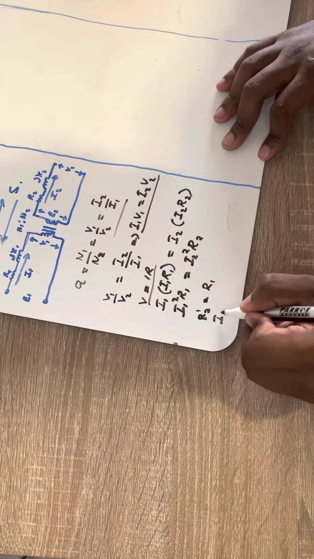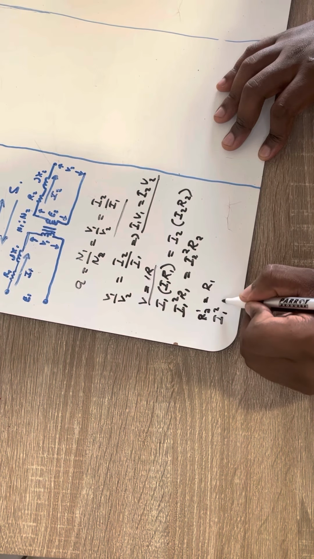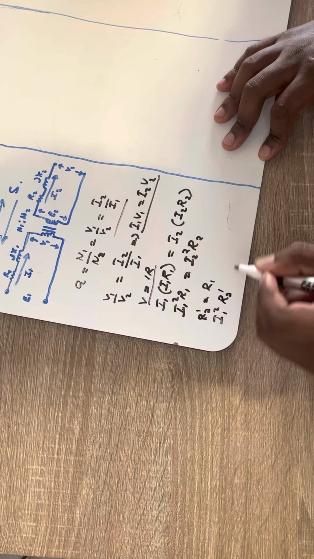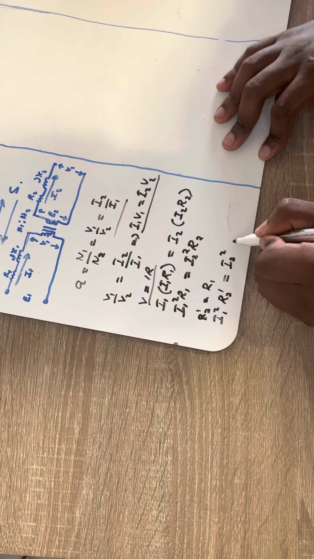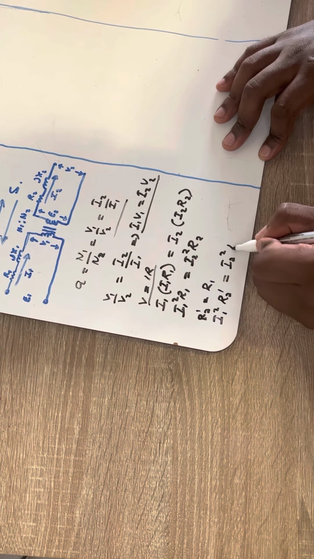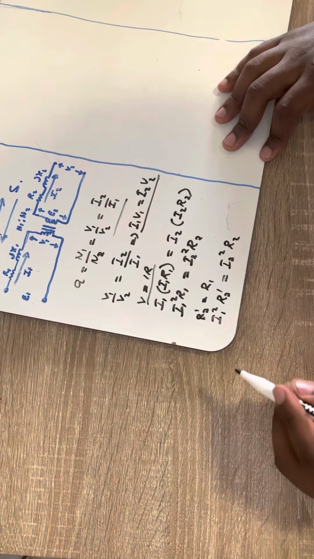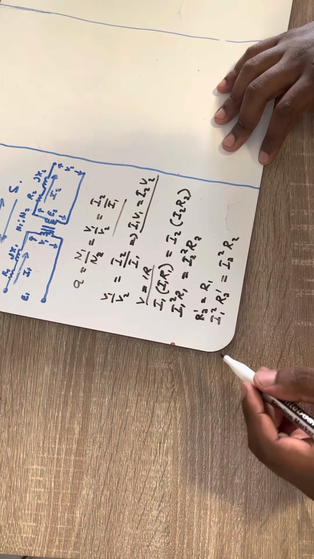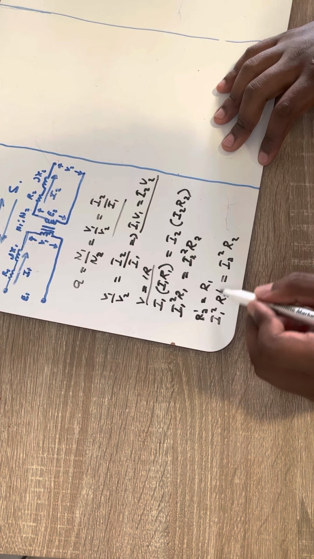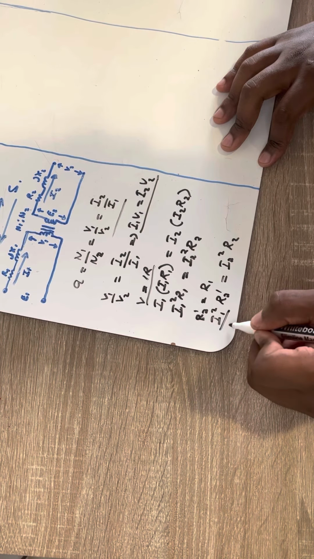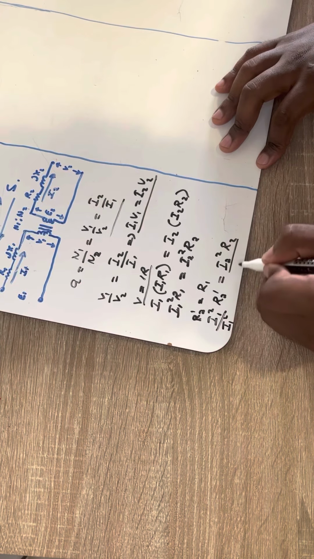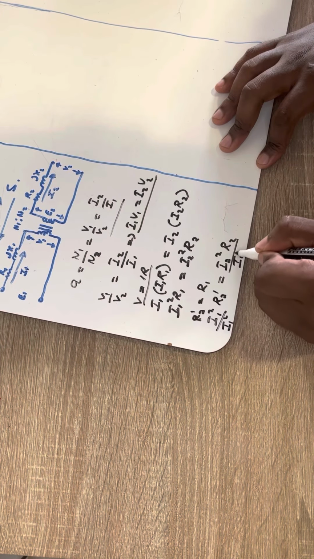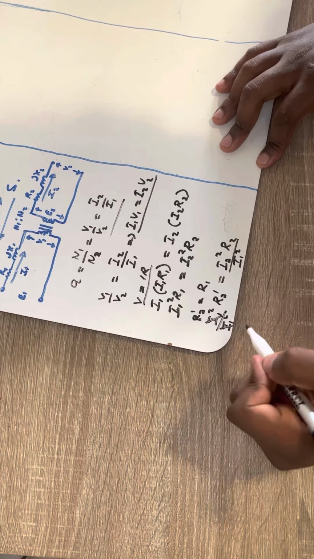So it's going to be I1 squared times R2 prime equals I2 squared R2. Because we want R2 prime, we're going to divide both sides by I1 squared, so I1 squared will cancel out.